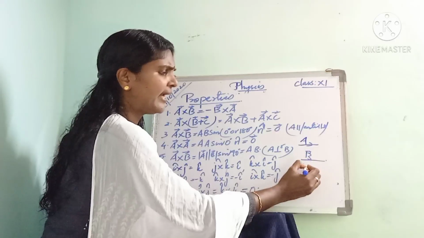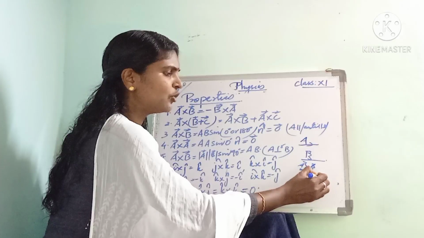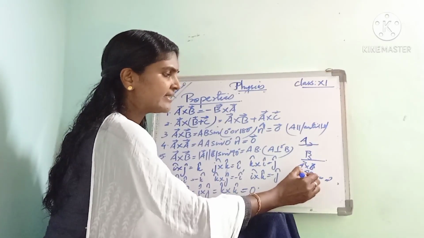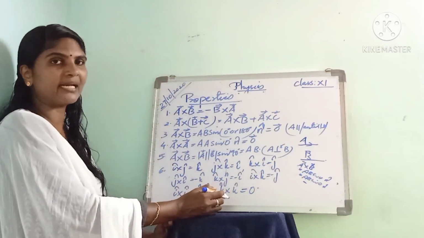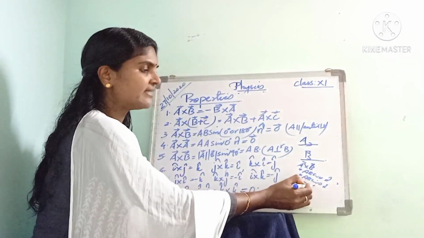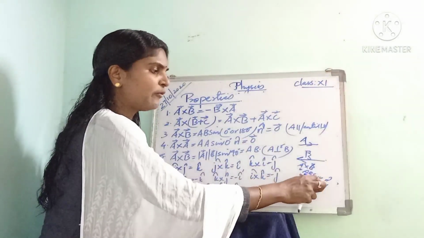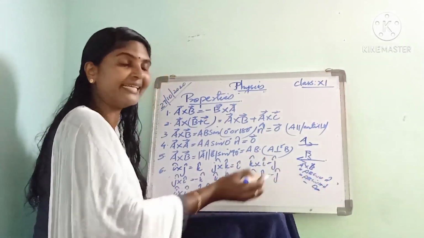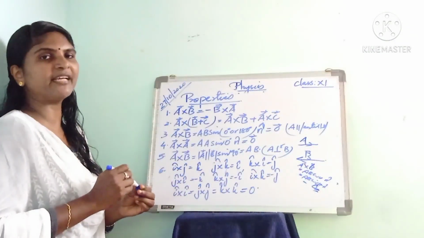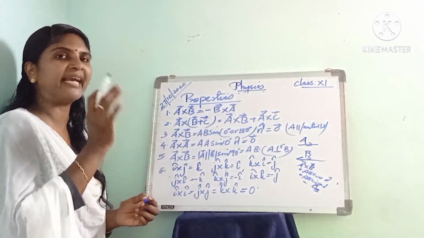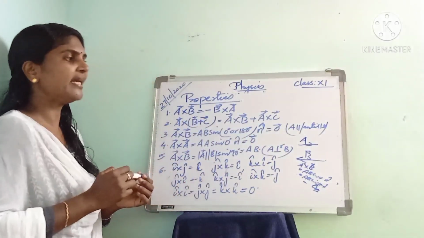So we can write A cross B is equal to AB sin theta into n cap. Here AB sin 0 into n cap. Since these are parallel, the angle is 0, so actually it is 0. Suppose if two vectors are anti-parallel, instead of sin 0, we have to write sin 180. Again it is 0. So we get 0 vector. If the two vectors are parallel or anti-parallel, the vector product of two vectors is a null vector or a 0 vector.